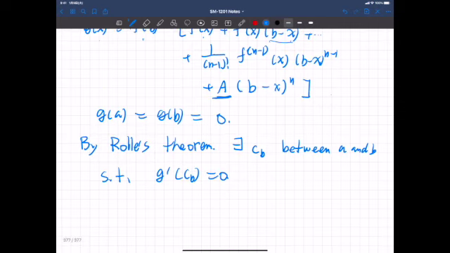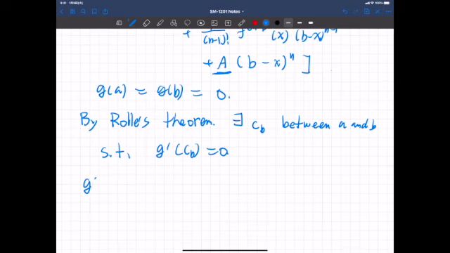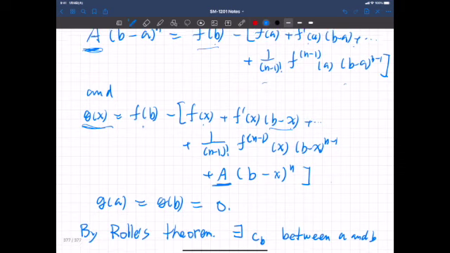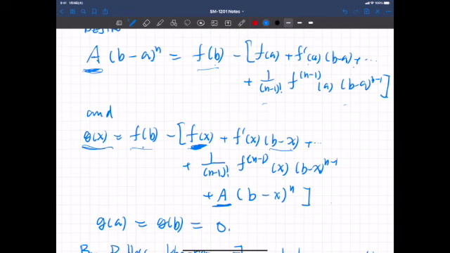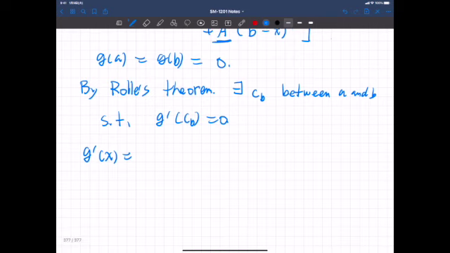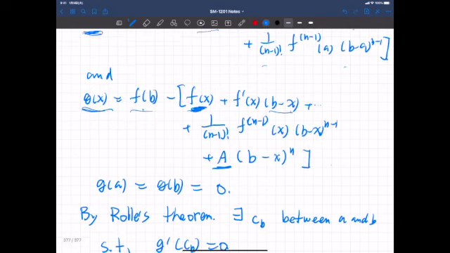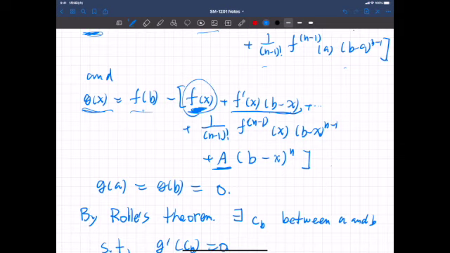So let's calculate the derivative of g of x. And g of x is, so we have f of x here, so we have f prime. This is a constant, so it will disappear. And let's see. It will be f prime of x plus f prime of x. So from this one, we have f prime of x.